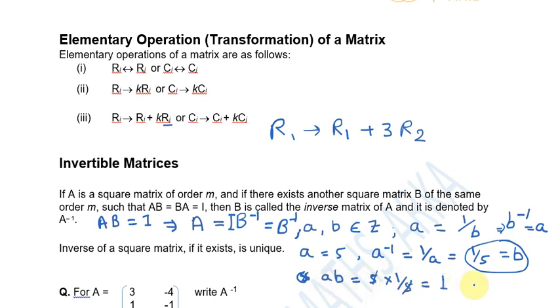So AB comes out to be 1. So A is the multiplicative inverse of B, or inversely B is the multiplicative inverse of A, because the product of these two gives us the identity element. In a similar way, A is the multiplicative inverse of B, or B is the multiplicative inverse of A, if the product of these two gives the identity element in the matrix world as well.